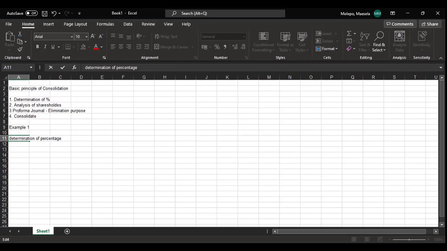So how many shares did this company acquire? The subsidiary issued 100,000 ordinary shares. We don't know yet how many shares were acquired. Let's see.